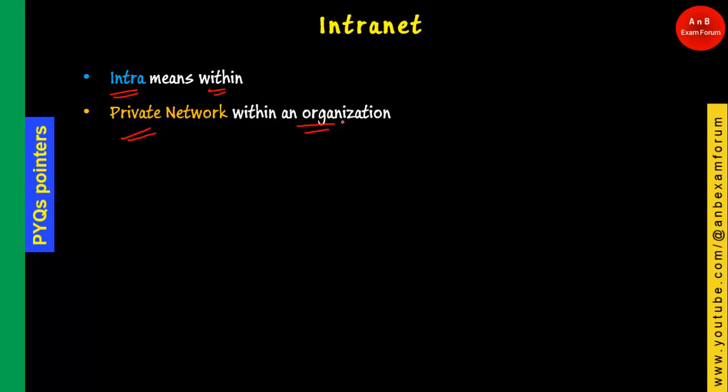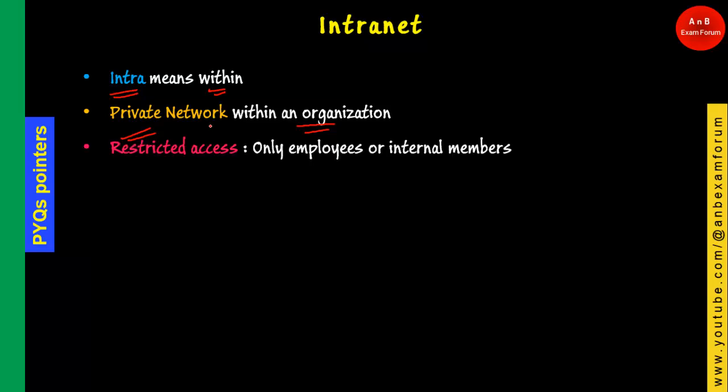Why is it called intra? Because it is going to be used within an organization, not outside the organization. Since it is not going to be used outside the organization, it becomes a private network. And since it is private, restricted access will be there and only employees or the internal members are going to use that intranet.